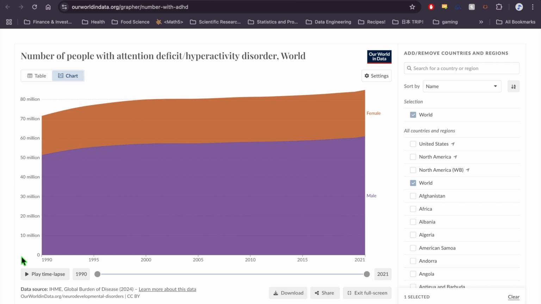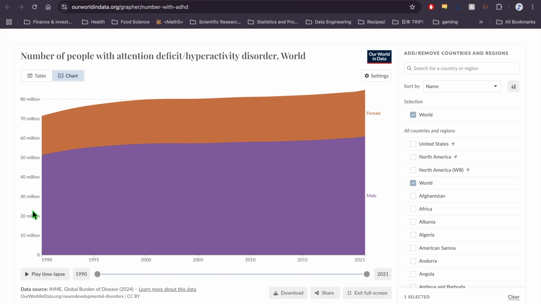So this graph starts from 0, and looks like it increments by 10 million at every checkpoint.